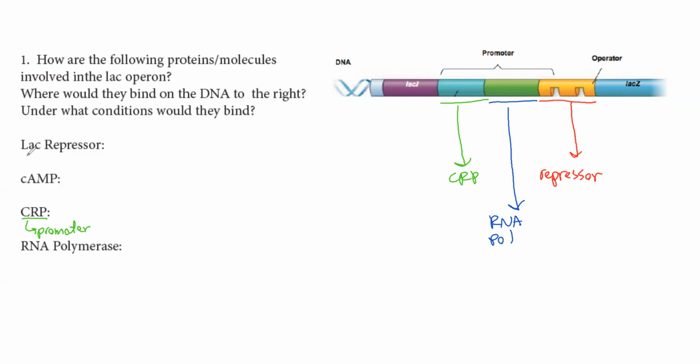Let's talk about what these guys do. Let's go in reverse and start with RNA polymerase. RNA polymerase will bind to the promoter region of the DNA over here, and it will start transcription.